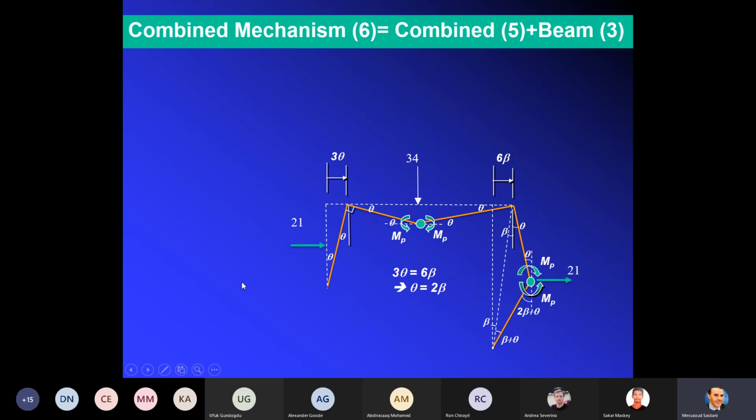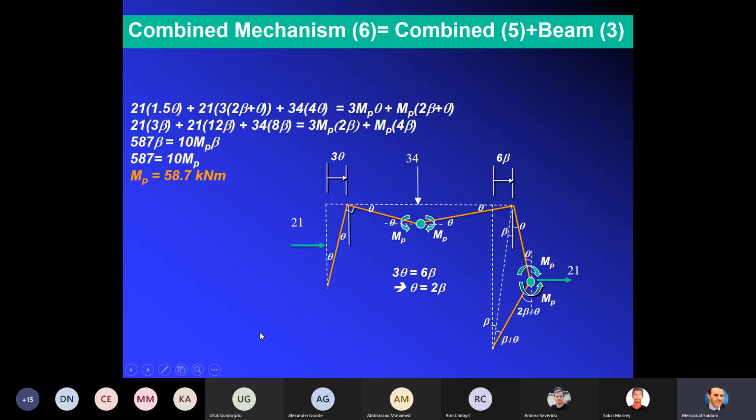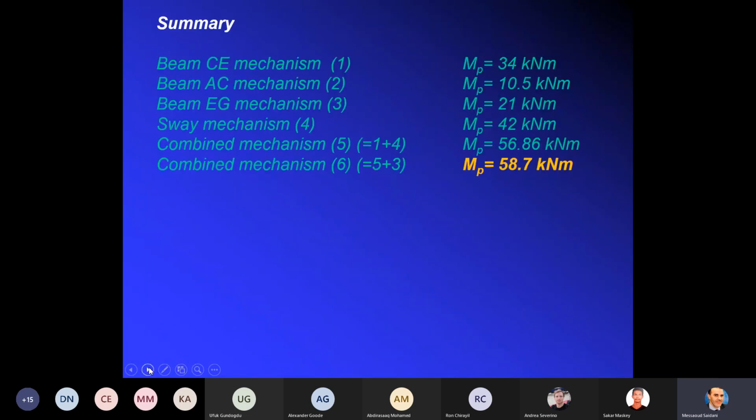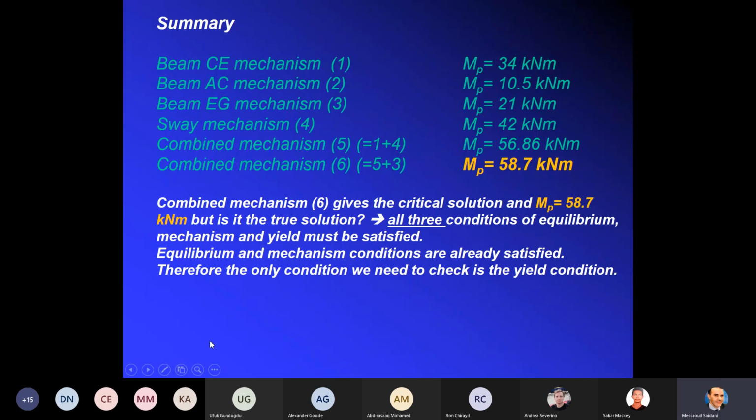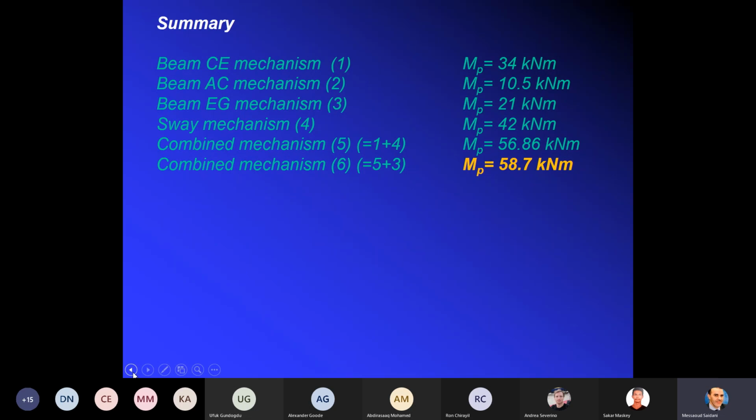Equilibrium is satisfied because we said that the external work is equal to the internal work. So the equilibrium is satisfied, the mechanism condition is satisfied, and therefore the only condition that we need to satisfy is the yield condition. Now, again, how do we satisfy the yield condition? How do we check it?